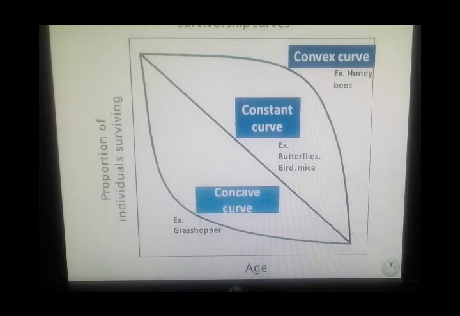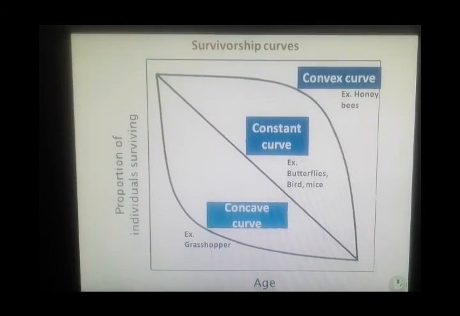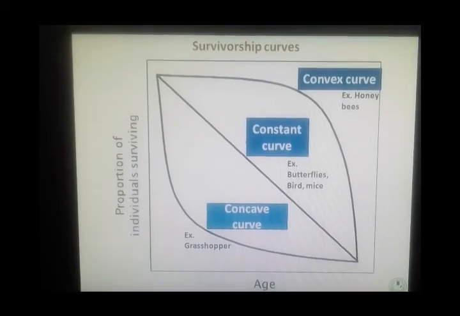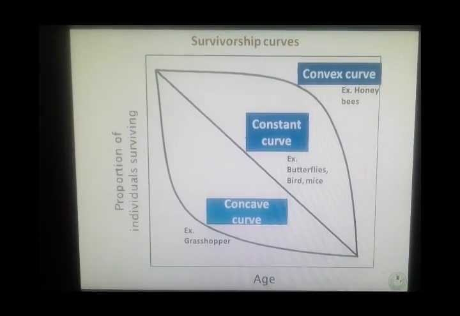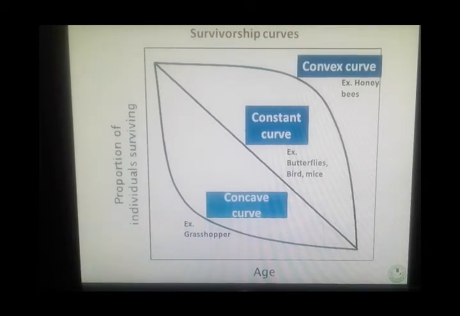In the convex curve, this is the characteristic of the species in which there is high survivorship, or the mortality rate is low throughout most of the lifespan until near the end of the lifespan, due to a sudden increase in mortality when physiological longevity is approached.